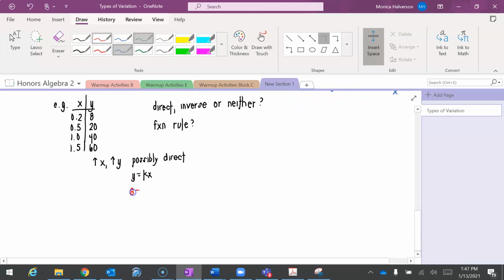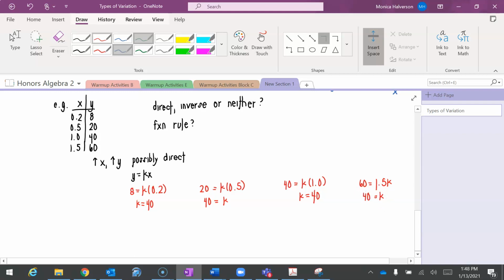So 8 is equal to k times 0.2, k equals 40. 20 is equal to k times 0.5, k equals 40. 40 is equal to k times 1.0, k equals 40. 60 equals 1.5k, k equals 40.